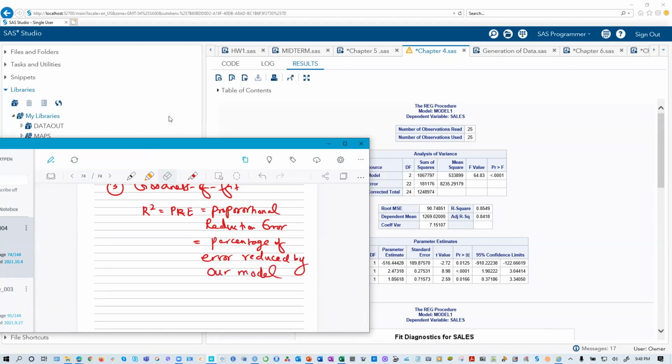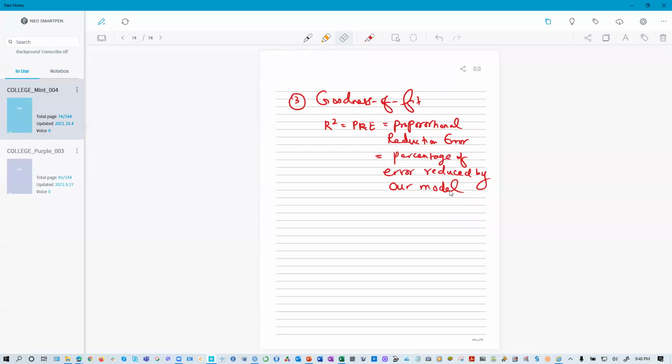Or that's the same thing, the percentage of variation or error explained by our model.